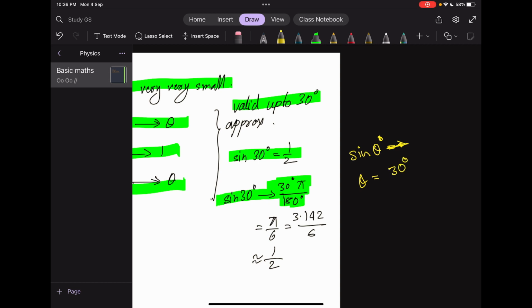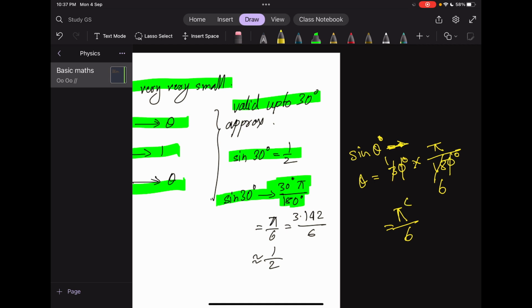So I have to find how much 30 degree is in radian. Okay, so what I have to do is multiply it by pi by 180 degree. If I do that, I'll find pi by 6. So here it is in radian.